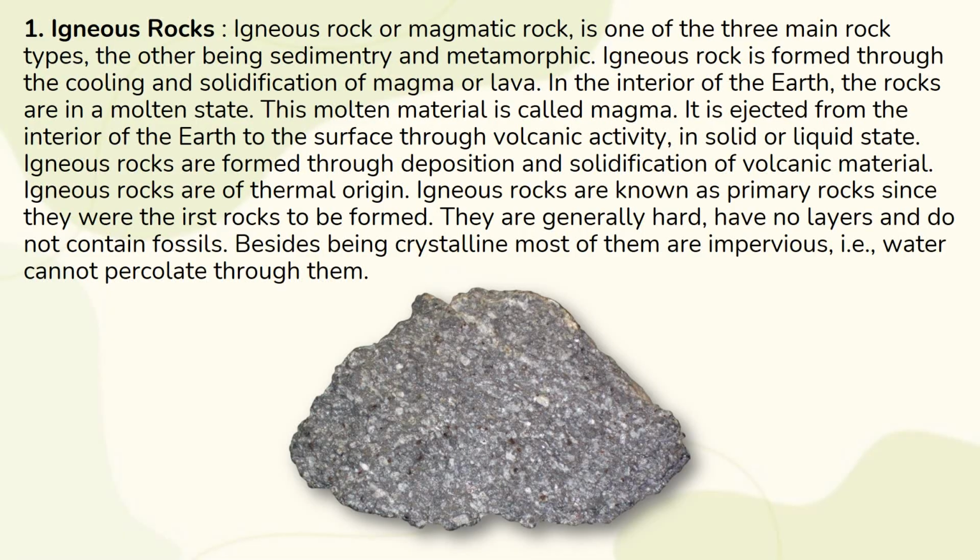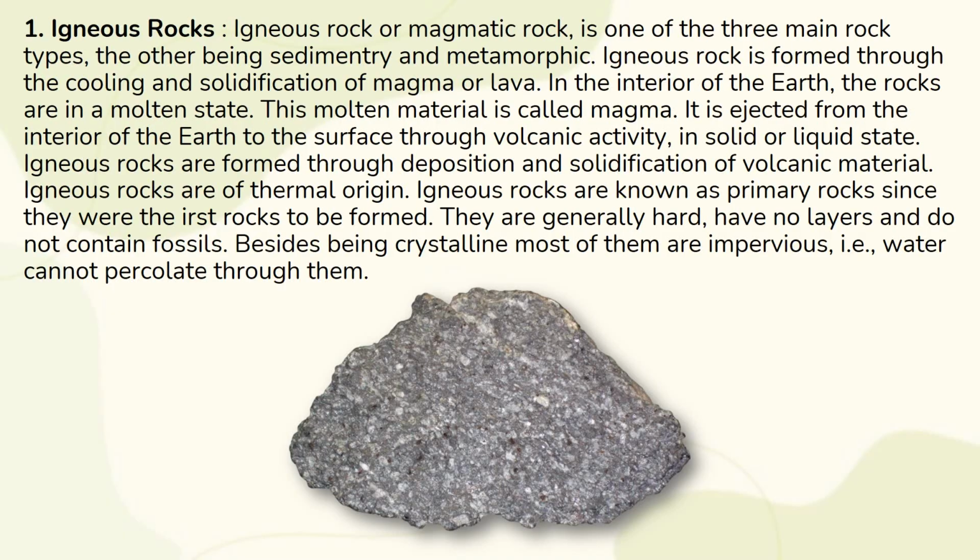This molten material is called magma. It is ejected from the interior of the earth to the surface through volcanic activity in solid or liquid state. Igneous rocks are formed through deposition and solidification of volcanic material. Igneous rocks are of thermal origin.